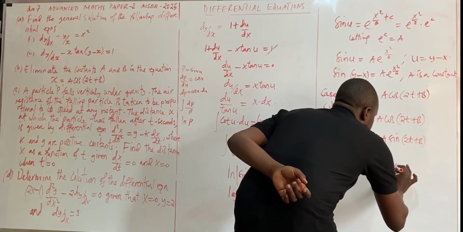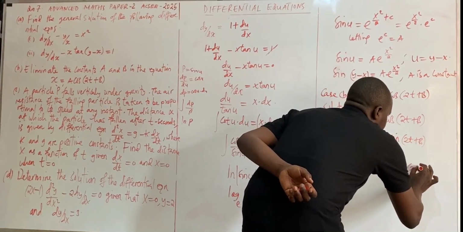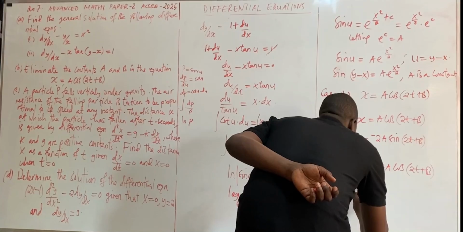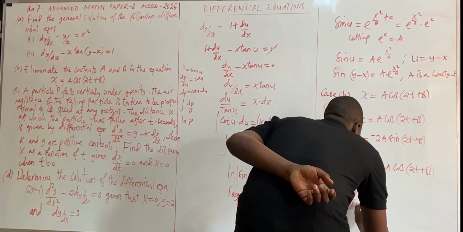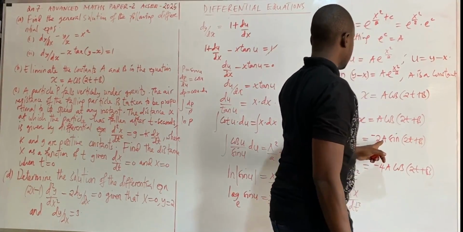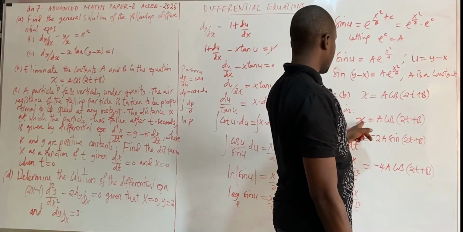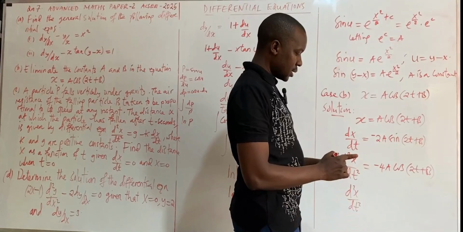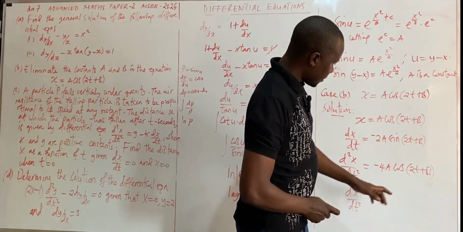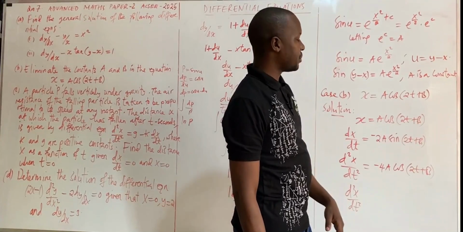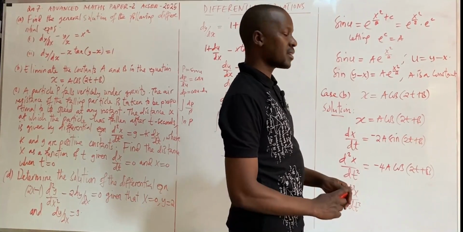Then the derivative of sine will be positive cosine of 2t plus b. Now a cos(2t plus b) equals x. So we make an environment where we can have a cosine bracket of 2t plus b, so we replace it by x.